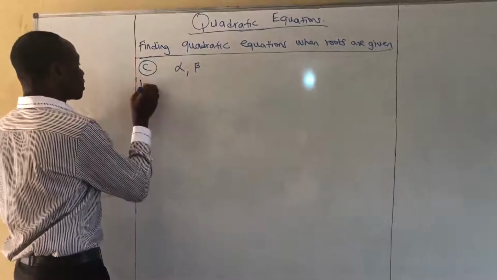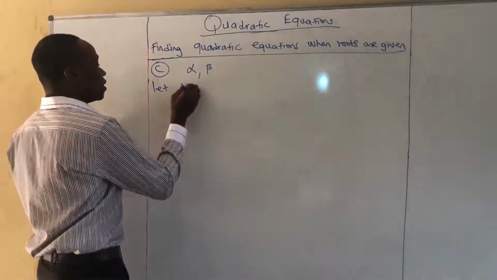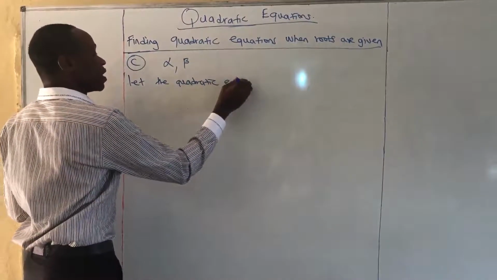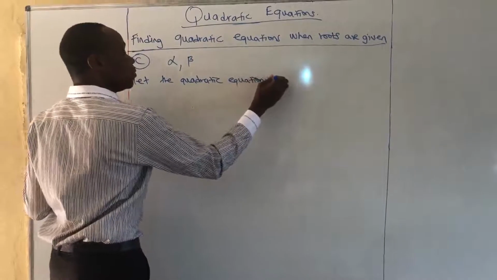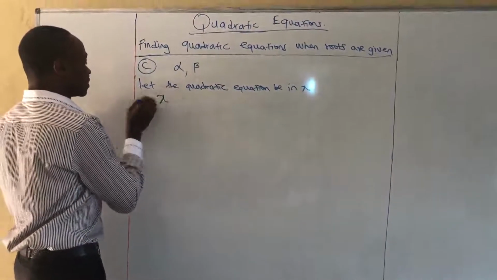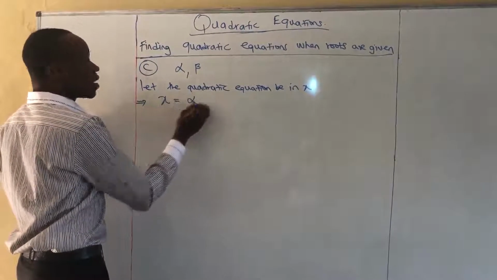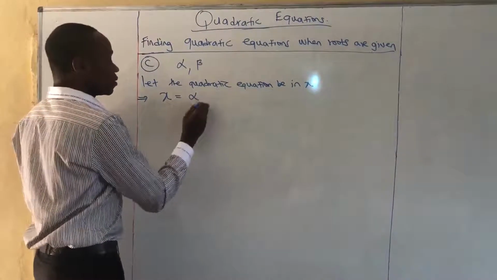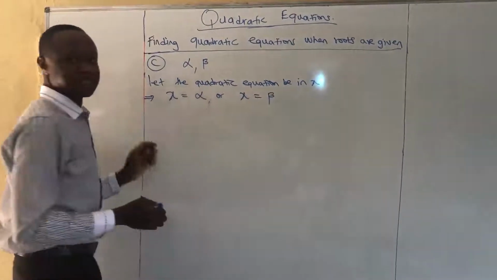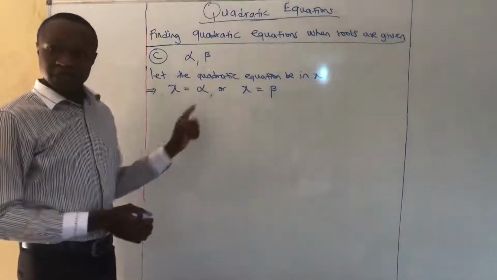I want the quadratic equation to be in X. Let the quadratic equation be in X such that X is equal to alpha, then X is equal to beta. We follow the same rule.